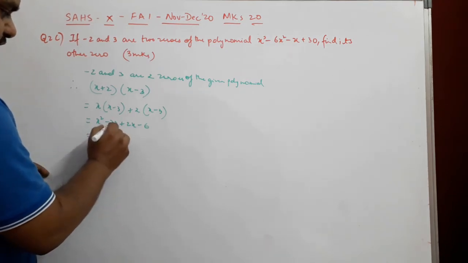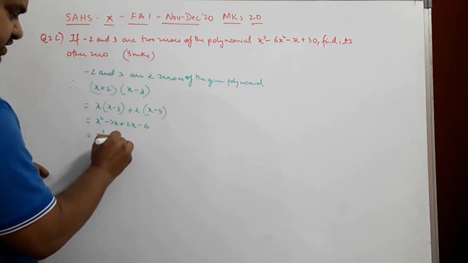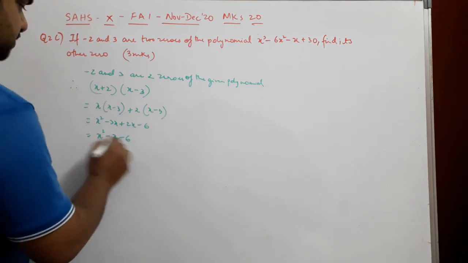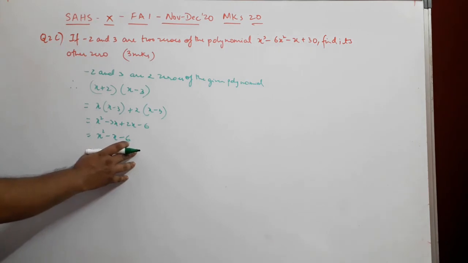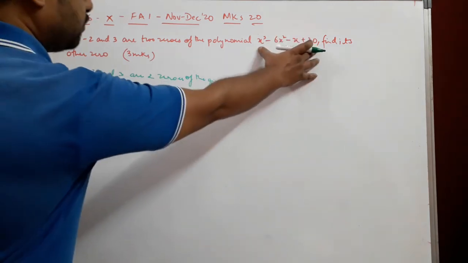That leaves us with x square, minus 3x plus 2x gives us minus x, minus 6. So this is the equation, and now this equation will become our g of x and this will be our p of x.